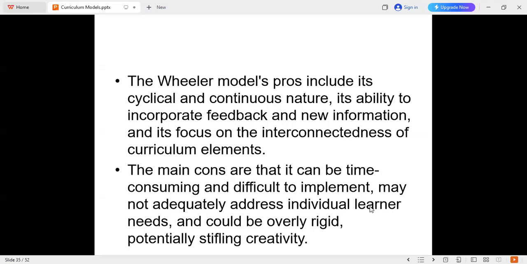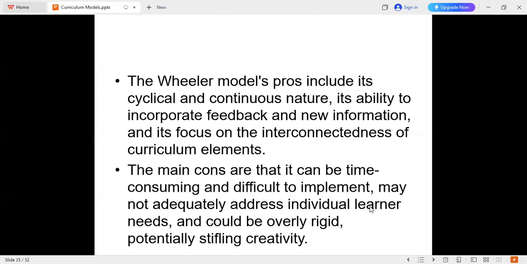We can see some areas he had added to the previous two models. Basically the same steps, but some new ideas they have added to the previous models.